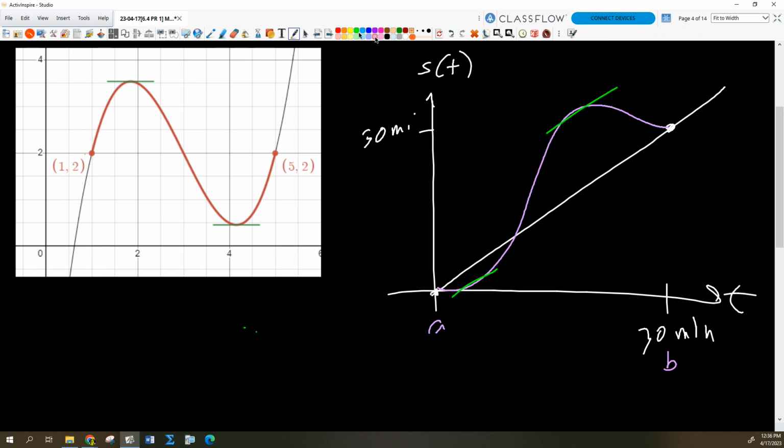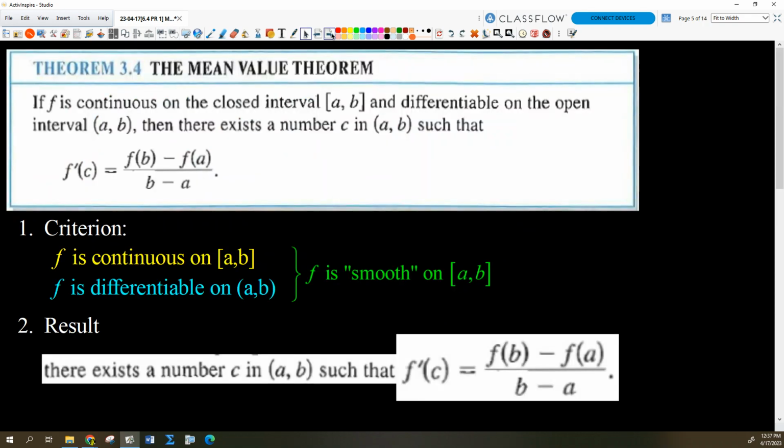And here would end up being one of my values that we'd call C. Here's one of my other values that we'd call C. Call that one C1 and that one C2. There's at least one value of C between A and B where the instantaneous rate of change equals the average rate of change.